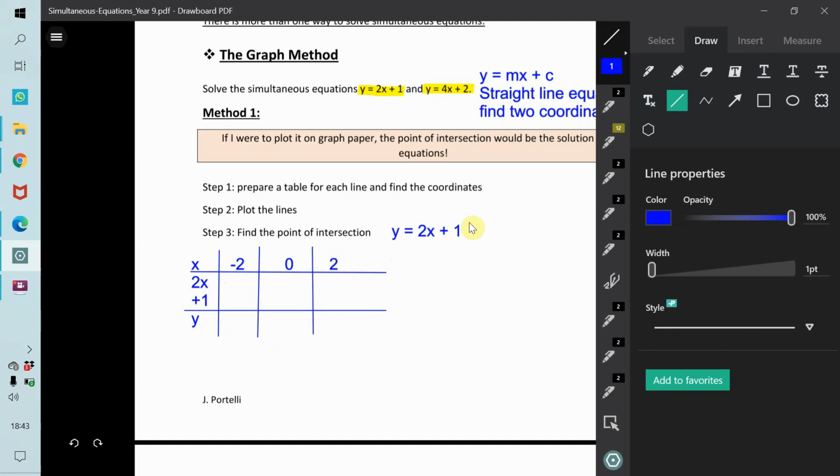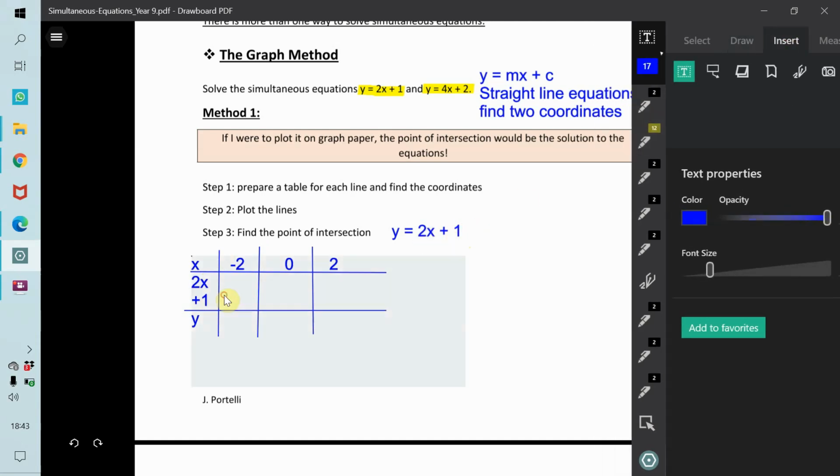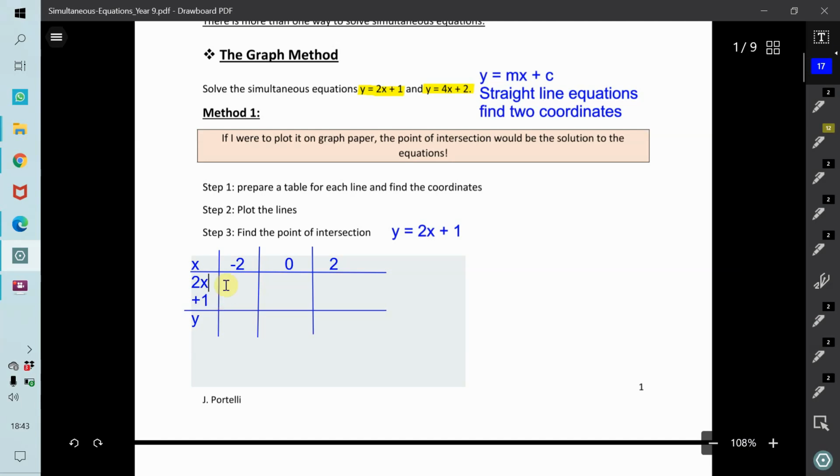The 2x and the plus 1 is always how the equation is written. And the y is when I work out my 2x and plus 1 rows. Well, let's start. What does 2x mean? 2 times.